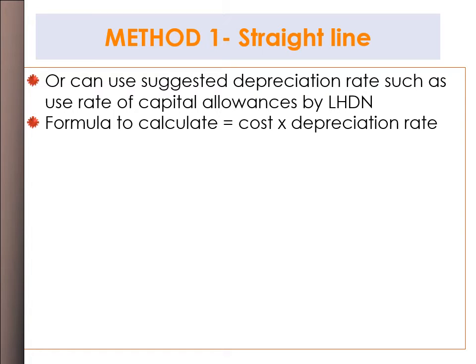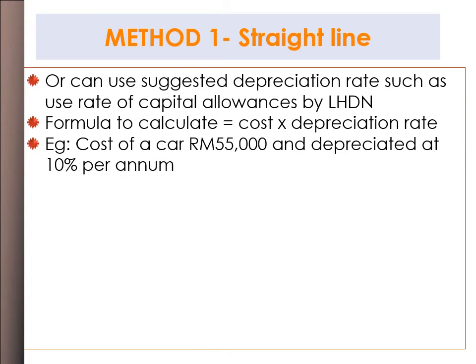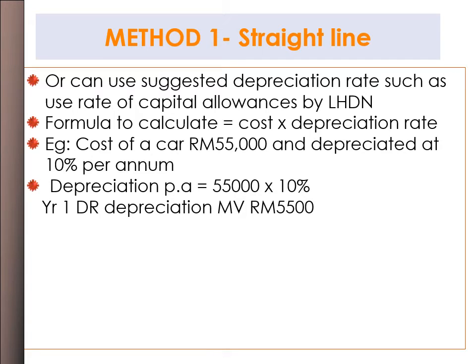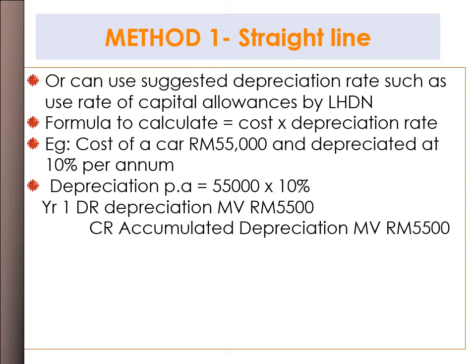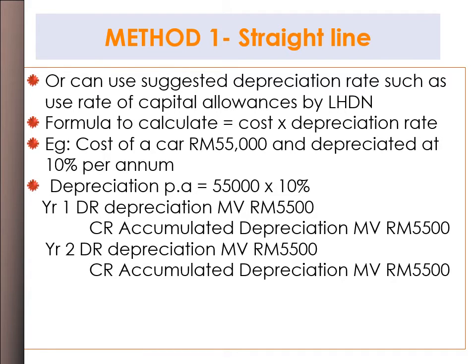The formula is simple: cost multiplied by depreciation rate. Using the previous example, the cost of the car is 55,000 and depreciated at 10% per annum, so your depreciation value will be 5,500 because you multiply by 10%. So year one, debit depreciation of motor vehicle 5,500, credit accumulated depreciation motor vehicle 5,500, and year two again with the same amount.